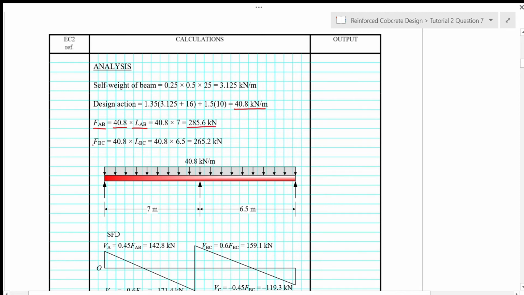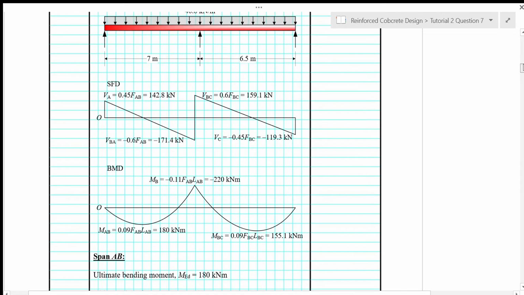And then we calculate the total load on span BC, where we use uniformly distributed load of 40.8 kilonewton per meter multiplied by the span of BC, which is 6.5 meters, to get 265.2 kilonewton. So the loading on the beam is 40.8 kilonewton per meter length, and the length of AB is 7 meters and the length of BC is 6.5 meters.